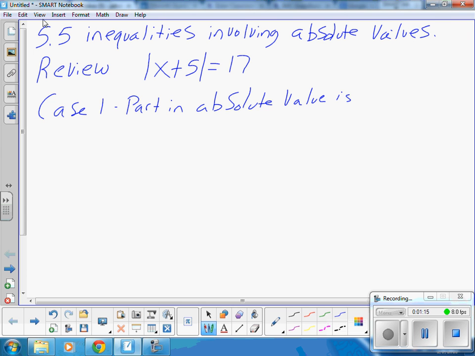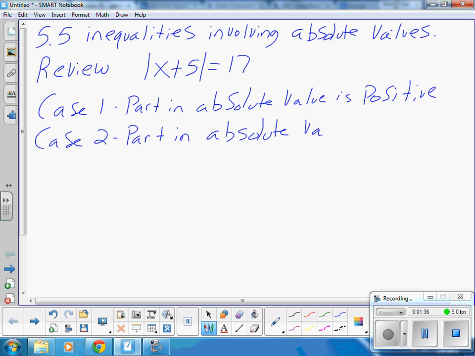Case two is when you do the calculations and the part in absolute value is, as many of you already guessed, negative.